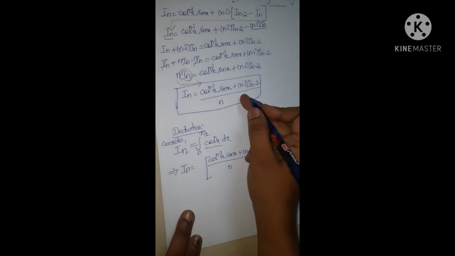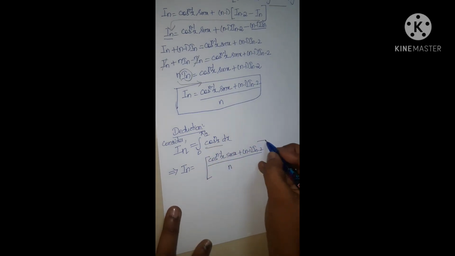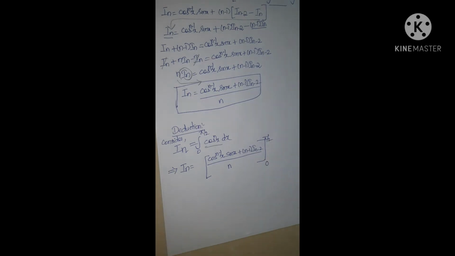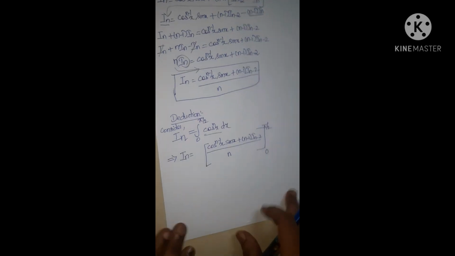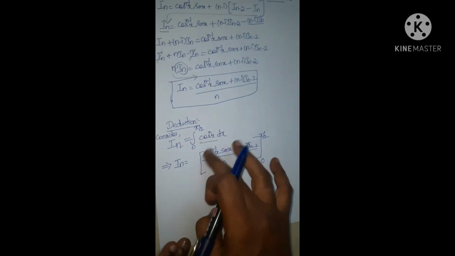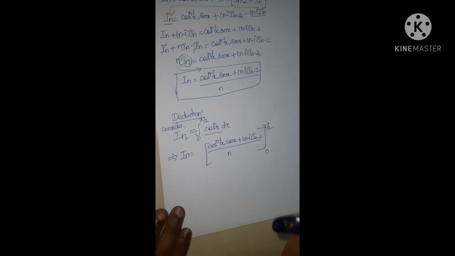This is what we derived in the previous step as the answer for the integral of cos^n x. For this answer, we are going to apply the limit 0 to pi by 2. The integral function answer will remain the same. Whatever answer we have got, we should apply the limit. This is what we are going to deduce.